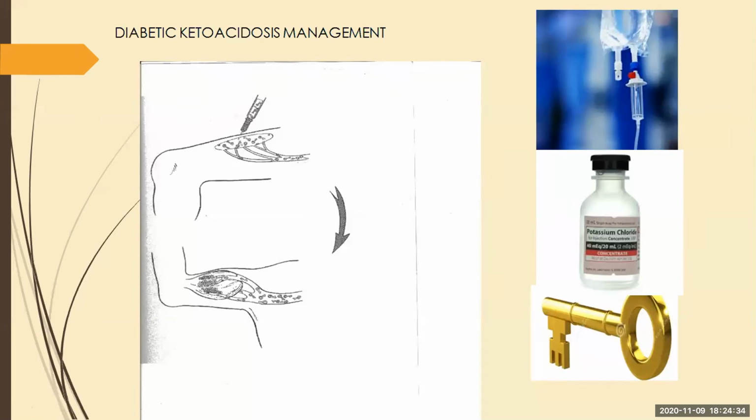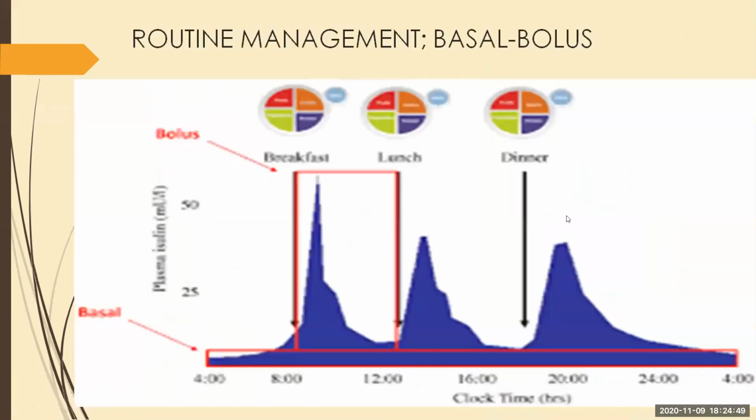You check the potassium and the ketones every 4 hours, check the blood sugar every hour, and give the insulin every hour.